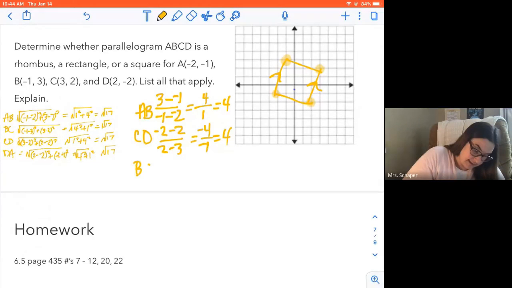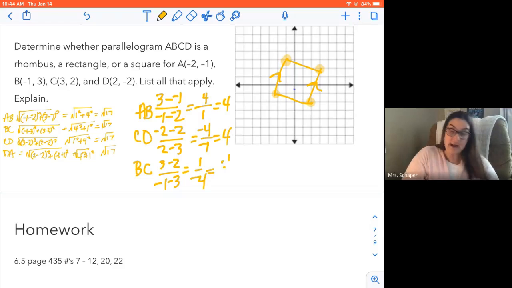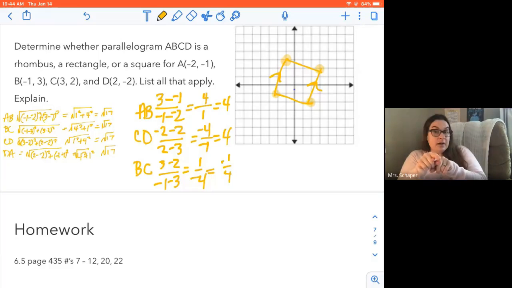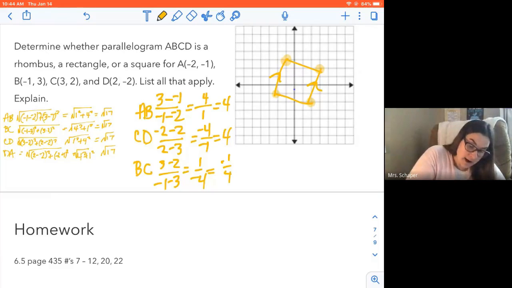BC is going to be (3 minus 2) over (-1 minus 3), which is 1 over -4, which is -1/4. Hey, that's perpendicular, which tells me it's going to be a right angle. Then let's do the next one, DA.